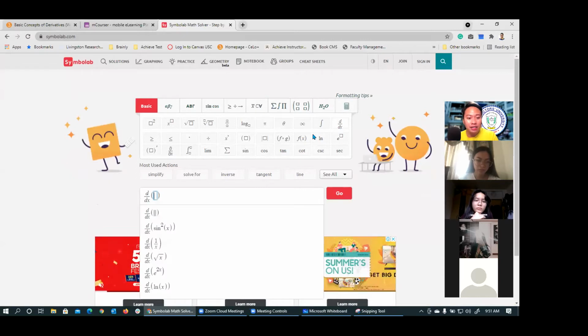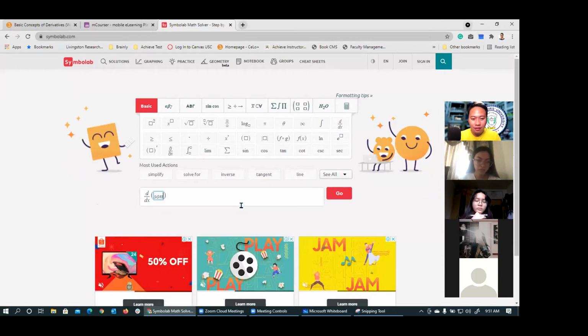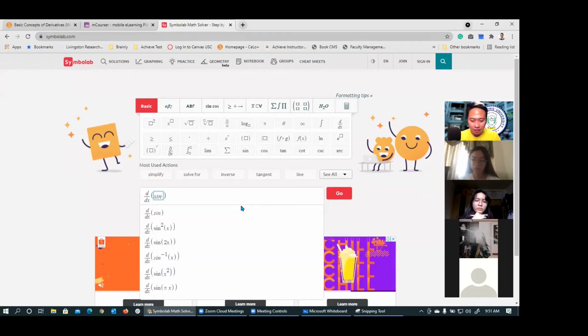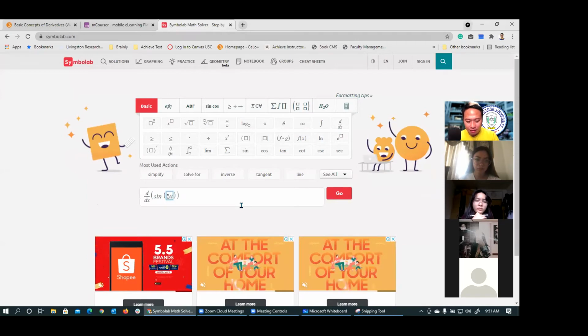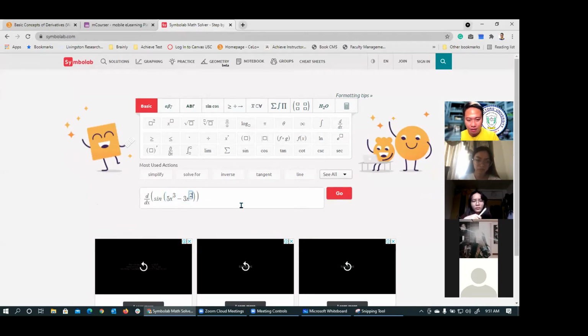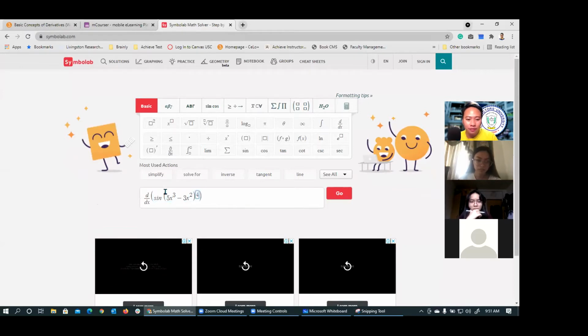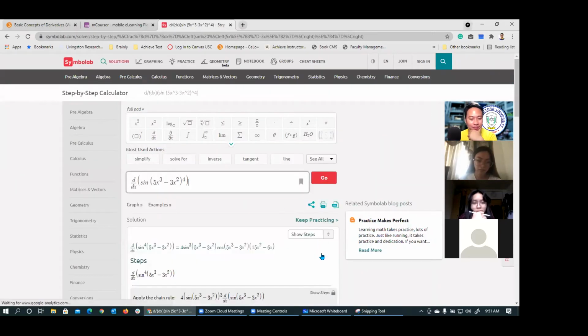This is one of the reasons nga dili ko rely og mga computing softwares kay dili sila consistent og answer. Let's try to see if Simon Lab would have the same answer.